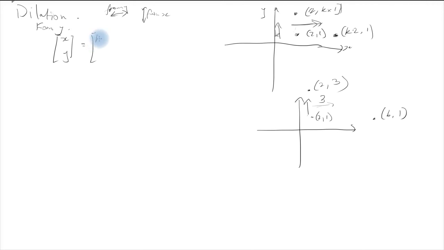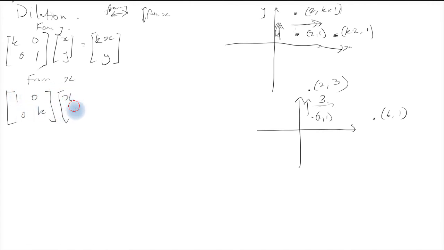So we want k times x, and y. The matrix we multiply by is k, 0, 0, 1. So y gets left alone, and x gets multiplied by k. If we wanted a dilation from the x-axis, going in the up and down direction, it would be the opposite, 1, 0, 0, k, giving x, k times y.